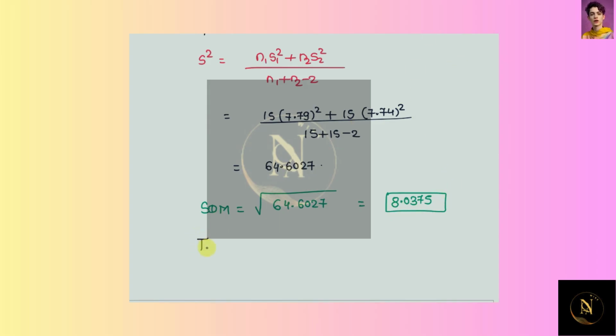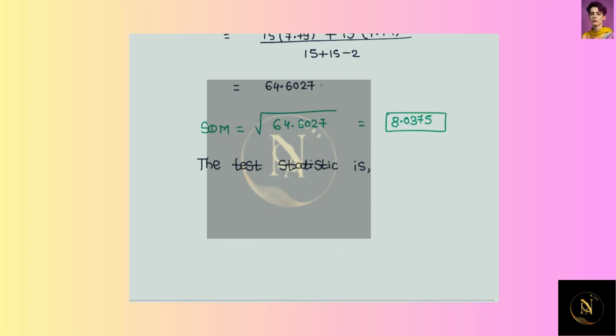Then the test statistic is calculated by using the formula t is equal to m1 minus m2 divided by the square root of s square into (1 upon n1 plus 1 upon n2).